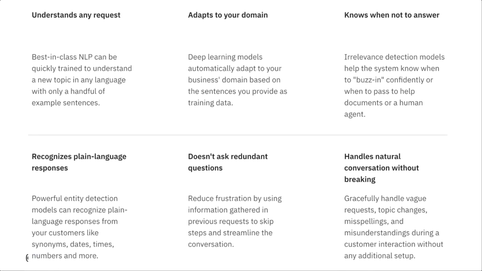So it has deep learning models that automatically adapt to your business domain based on any intents you provide as training data. It knows when not to answer, so it will not respond to irrelevant words or phrases. It can recognize plain language responses. It won't ask redundant questions, and it handles natural conversation without breaking.